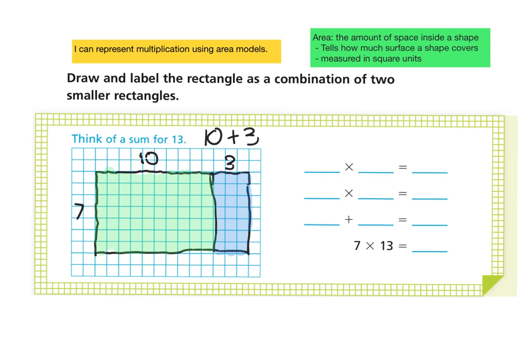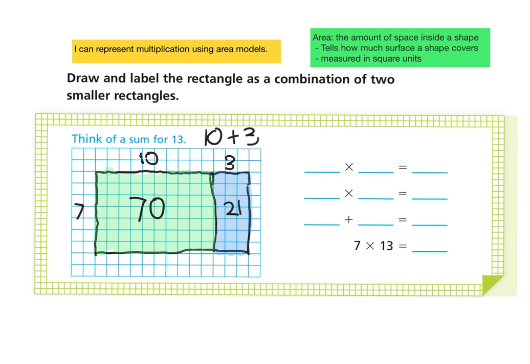So we're going to label that as 70. And then in this area, we have 3 across, 7 down, 3 times 7, that means there's going to be 21 units in here.